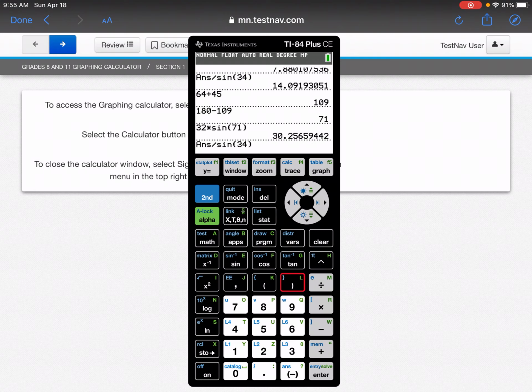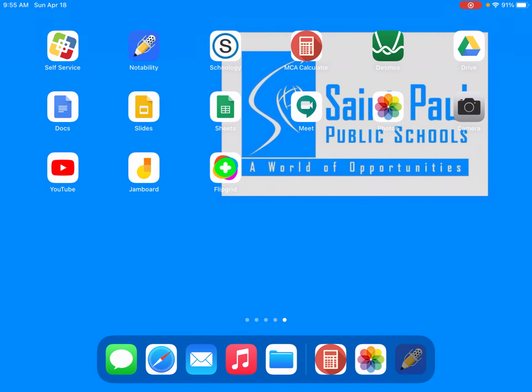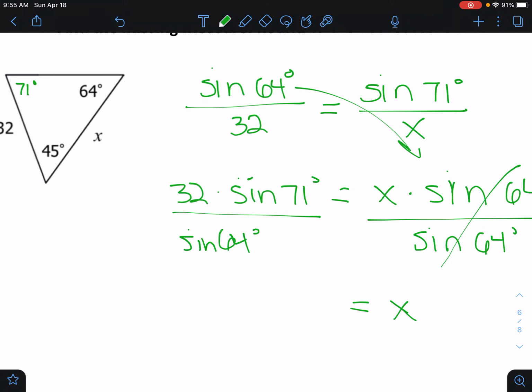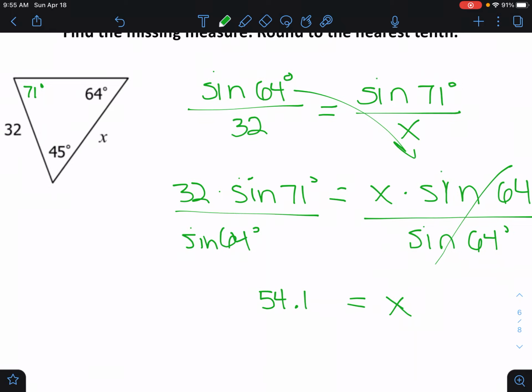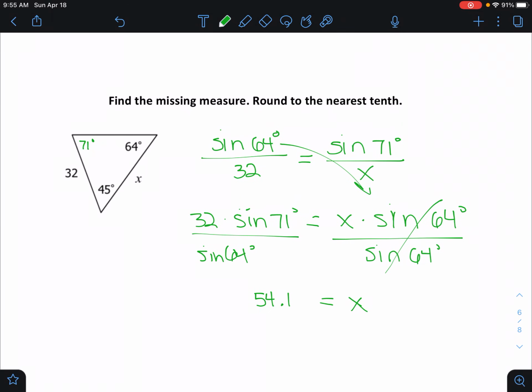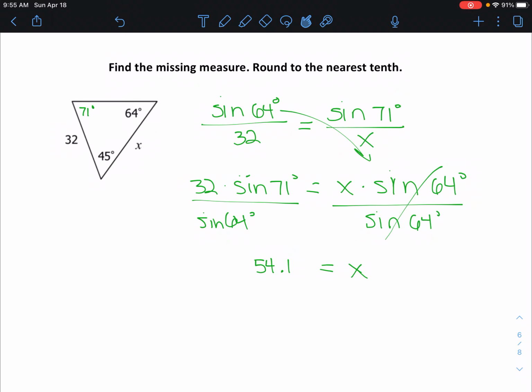Okay, and then press enter. And now we have our answer. It's 54.1 rounded to the nearest tenth. So we're going to put that down. So this missing side would be 54.1 units long. And that's how we use and apply the law of sines.